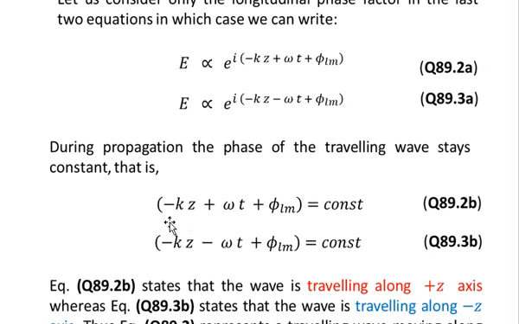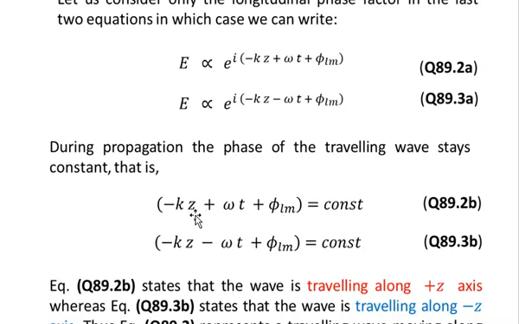So the sum of minus kz plus omega t should be equal to constant, because phi Lm is already assumed to be constant here. So it means that z should travel in the positive direction, because if z is increasing positively, then minus kz will be decreasing. And this decrease will compensate the increase in the term omega t due to the increase of time.